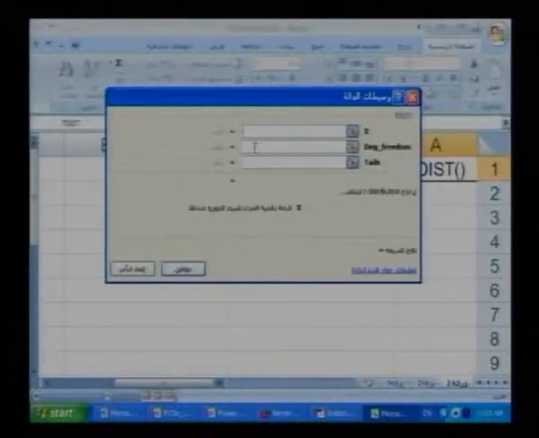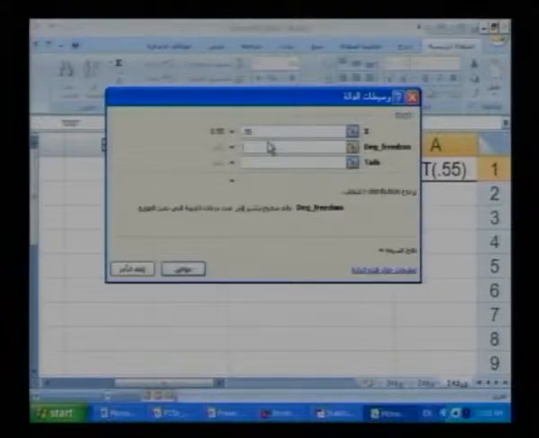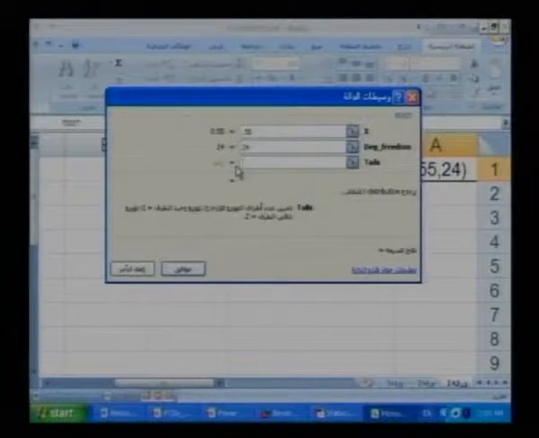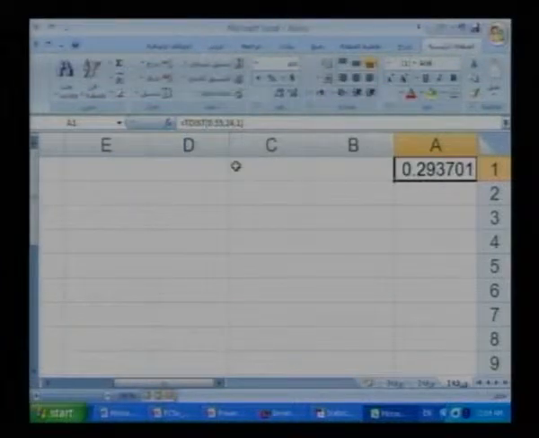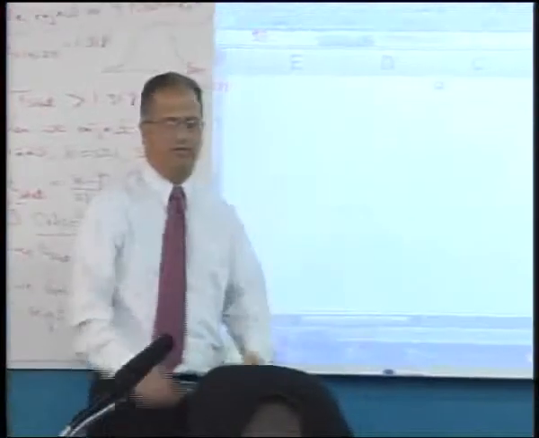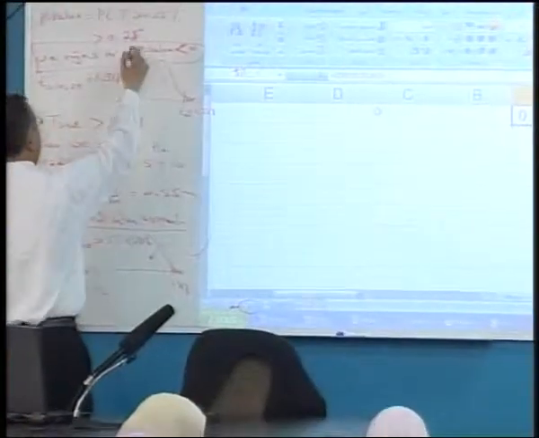X means the value of the test statistic, in this case 0.55. Degrees of freedom, 24. Tails, we are talking about a one-tail test, so it's 1. So here, just write the value of the test statistic, degrees of freedom, then 1. Now, the exact p-value is 0.2937. So that's the exact p-value.